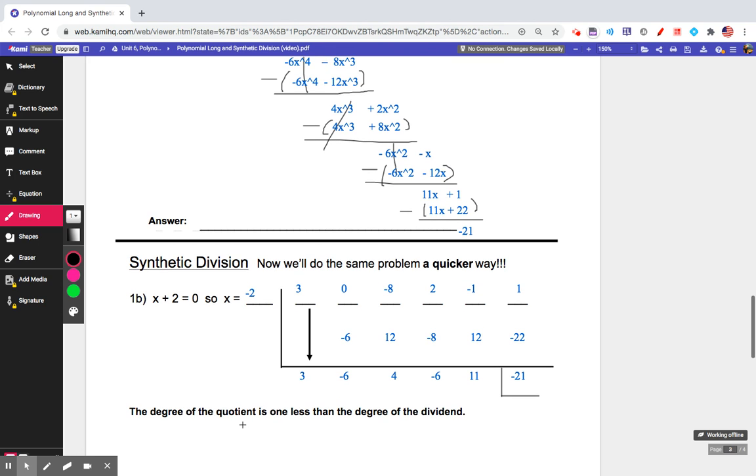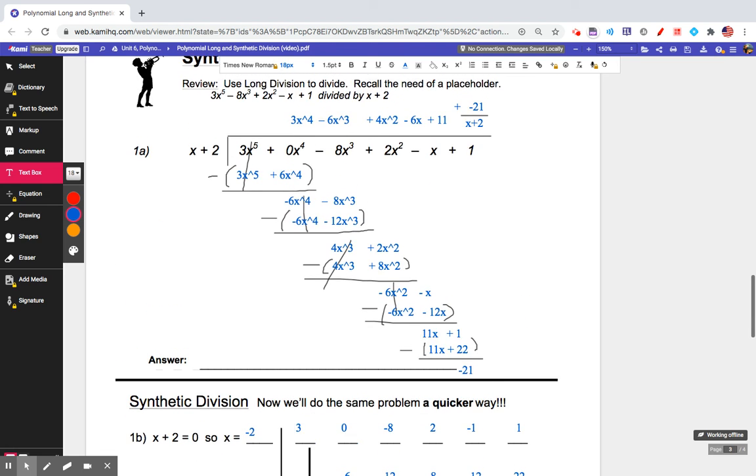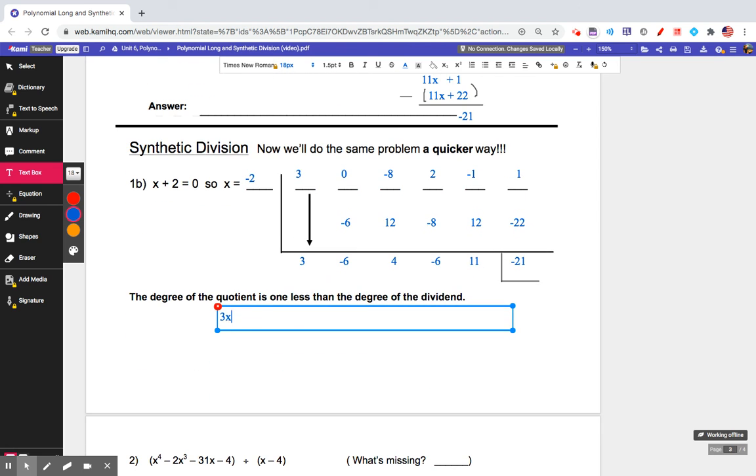And so what we have is the coefficients of the quotient. And so my answer, and I can write it in a text box, is going to be 1 less degree than my dividend. My dividend, remember, was to the 5th degree, so my quotient is going to be to the 4th degree. And then we have minus 6x cubed plus 4x squared minus 6x plus 11.